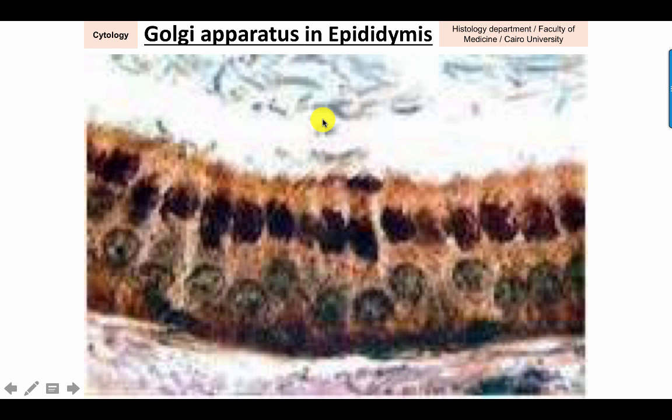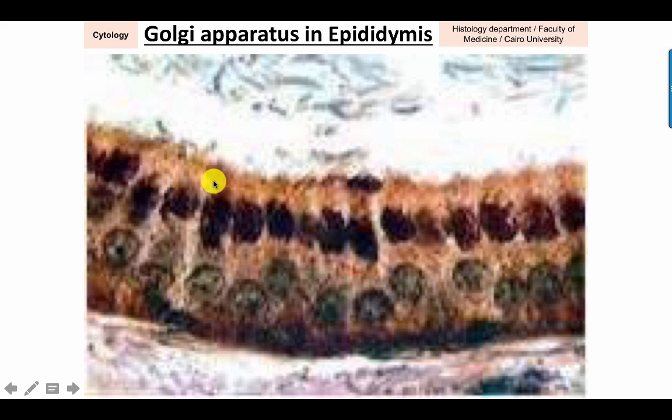Here we have the Golgi apparatus appearing in between the nucleus and the secretory side of the cell. All of this is the wall of the epididymis. It is lined by these tall cells, and these cells have the nuclei near the base.